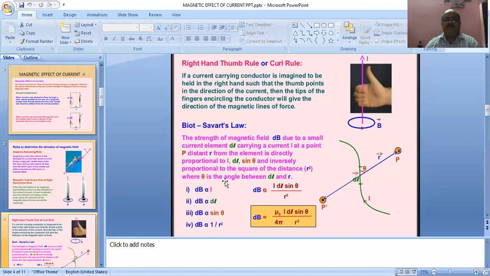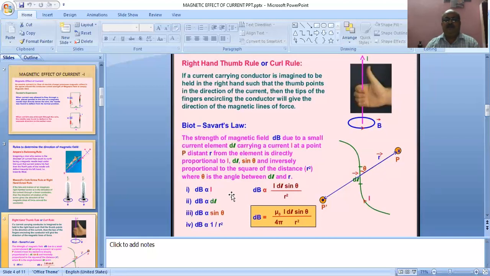Here theta is the angle between dl and r. This is the direction of dl at this point, and theta is the angle between dl and r.